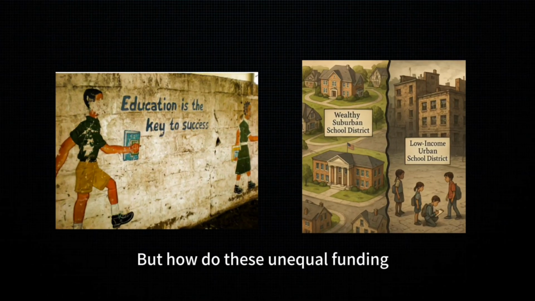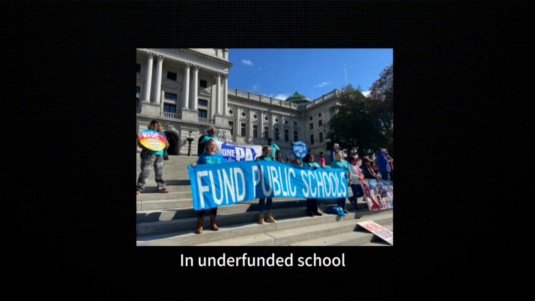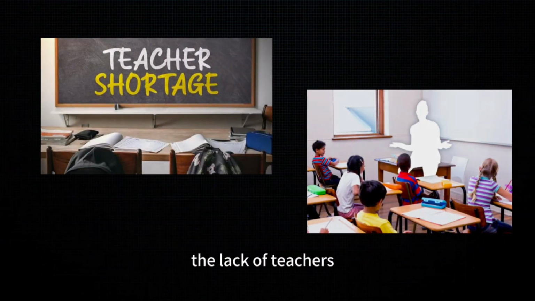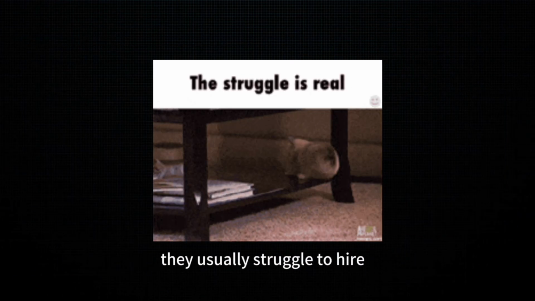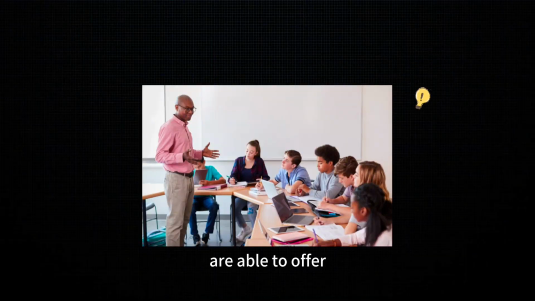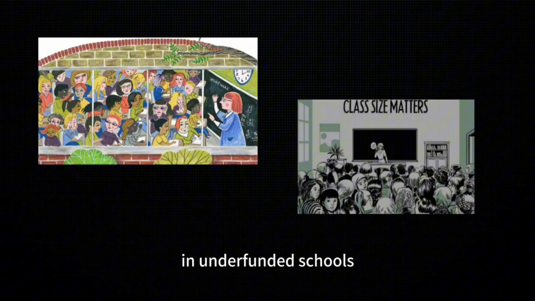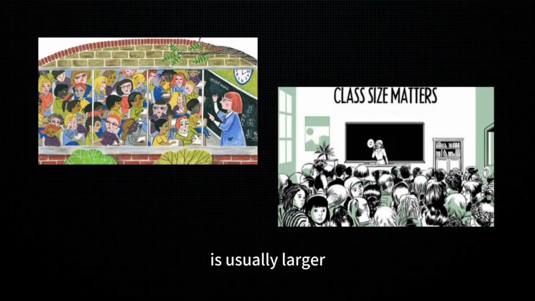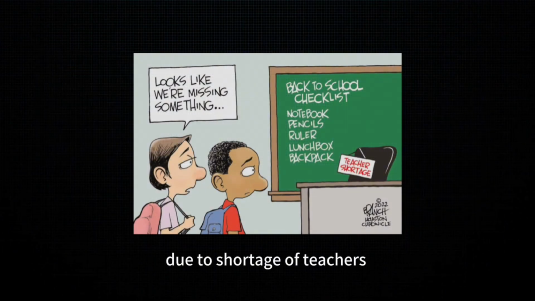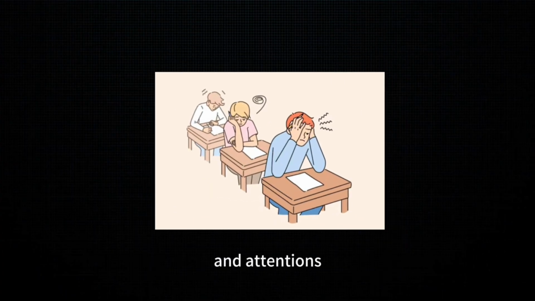But how do these unequal fundings affect the school in reality? In underfunded schools, one main issue is the lack of teachers. They usually struggle to hire experienced teachers, while higher funded schools are able to offer higher salaries, good working environments, and quality resources. The effect of that is that the class size in underfunded schools is usually larger due to a shortage of teachers, which means that the students will get less individual help and attention.